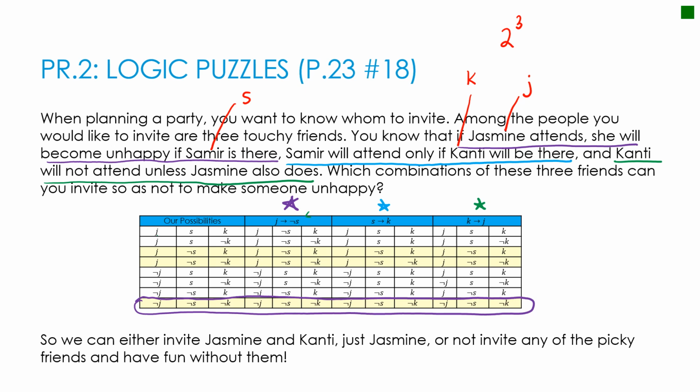I said we could invite Jasmine, Kanti, and that is this row right here. So Jasmine and Kanti got to go, but Samir did not. I can invite just Jasmine, so J, but not the other two, and that's this row right here. And again, what I was looking for is each set of three to be the same.